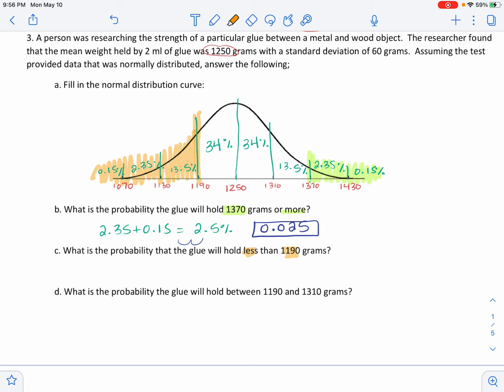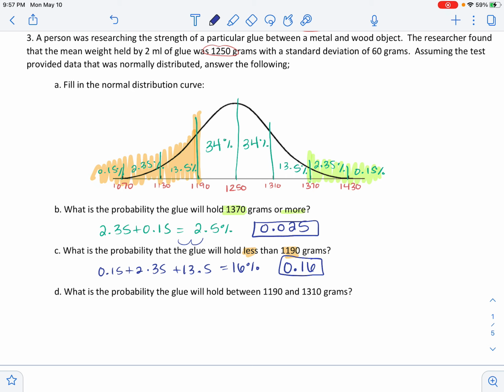All right, so we're going to add up all the percentages, 0.15 plus 2.35 plus 13.5. And when you add all those up, you get 16%. Now again, this wants a probability, so we've got to move the decimal place left 2, and we actually have 0.16 probability.